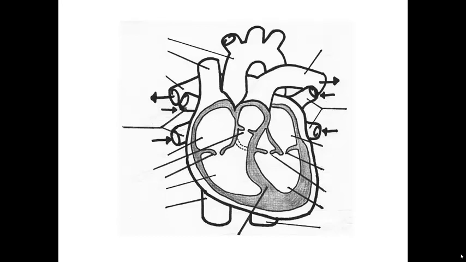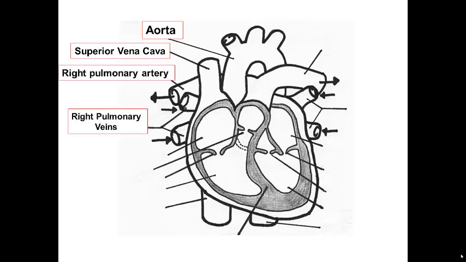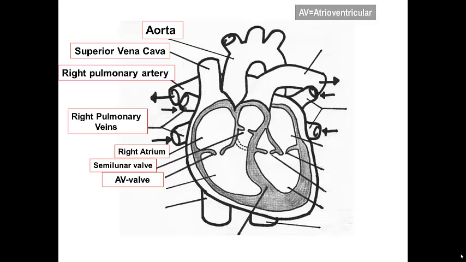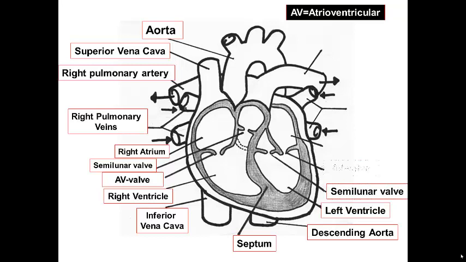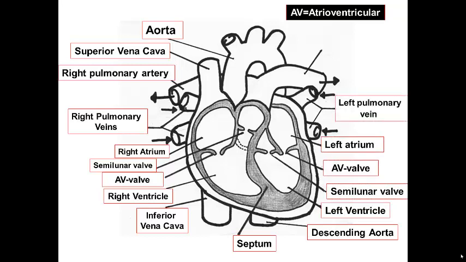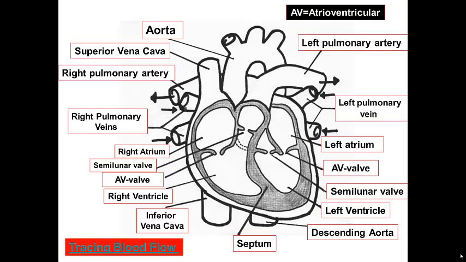We briefly introduced terminology such as the aorta, the superior vena cava, the right pulmonary artery, the pulmonary veins, right atria, semilunar valves, AV valve or atrioventricular valve, right ventricle, inferior vena cava, septum, descending aorta, left ventricle, semilunar valve, a second AV valve, left atrium, left pulmonary vein, as well as left pulmonary arteries.